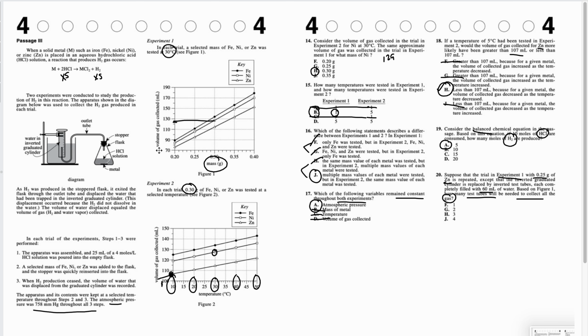Going back to experiment 1 with 0.25 g of Zn, that's going to be the triangle, that is about 95 milliliters of gas. And it says that each tube will have 60 milliliters of water. So one will be 60, but I still need to get to 95, so I have to have another 60 to be able to contain all 95. So I have 2 test tubes that would have to be used. So the answer would be G.